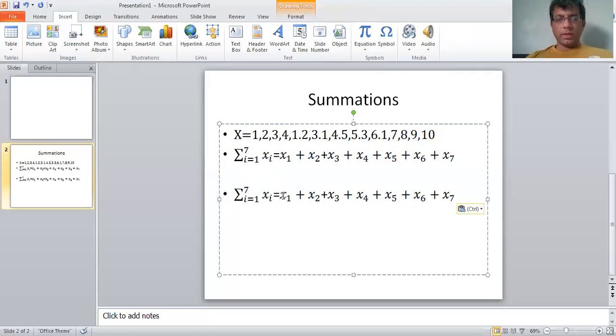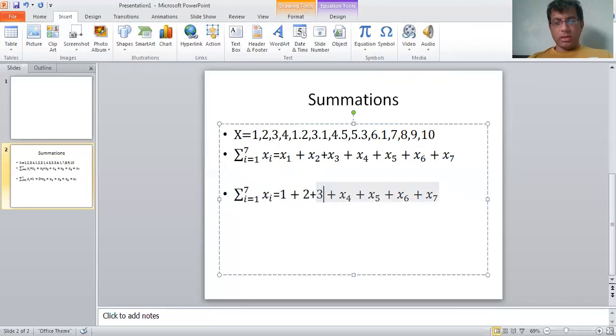For x1 we have 1, x2 is our 2, x3, the third value of x, is 3, x4 is basically 4, x5 is 1.2, x6 is 3.1 and x7 is 4.5.